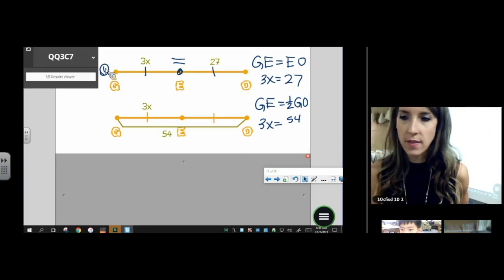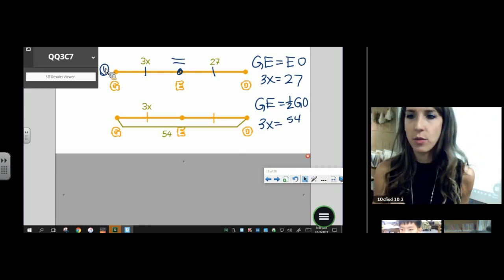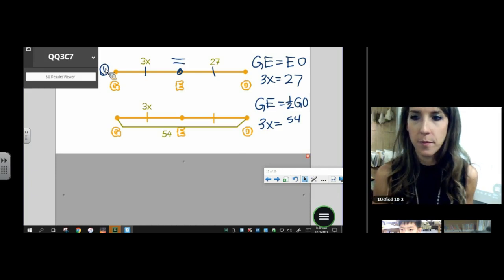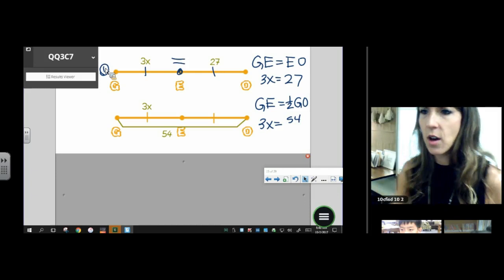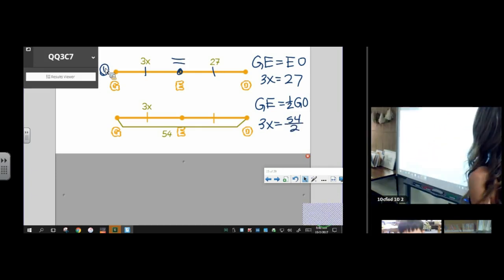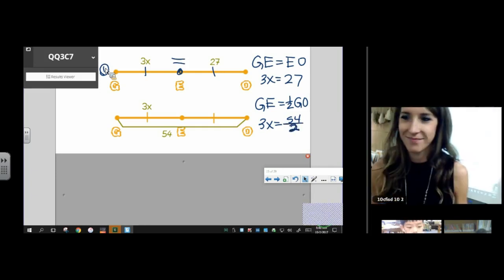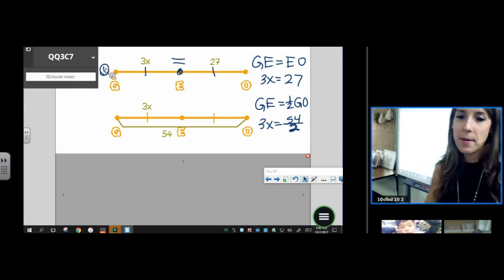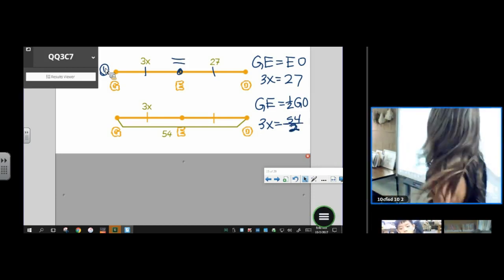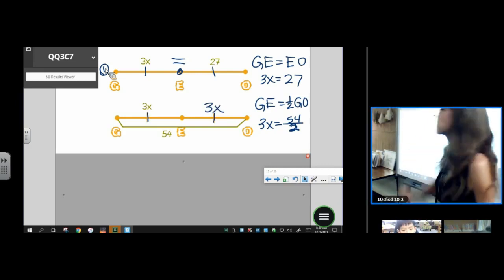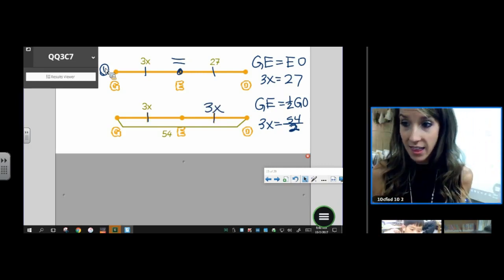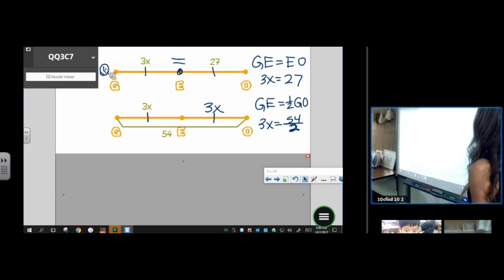What's another way we could have done that? Instead of 3x equals 54. Sorry, my divided by 2 didn't show up on the screen. Mine says divide, there we go. Another way we could think about it is we could put a 3x here. Because tick mark means that they're congruent, they're the same length. Good, so then we could do 6x equals 54.